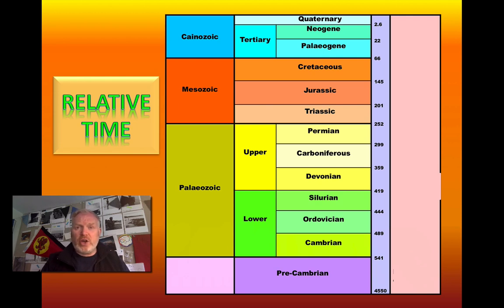That's where we find the coal and a lot of limestone. The Permian period, named after the Perm Mountains in Russia. The Triassic period, so named because it's split up into 3 bits. The Jurassic period, named after the Jura Mountains in France. The Cretaceous period, named after the chalk that we find within it. The Paleogene and the Neogene, the old and the new life. And finally, the Quaternary period.